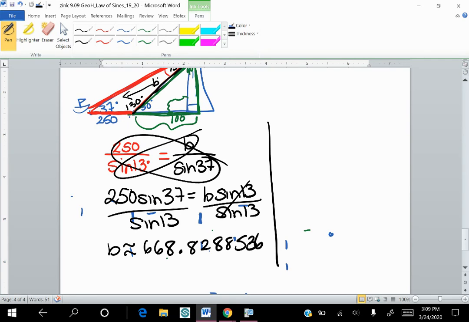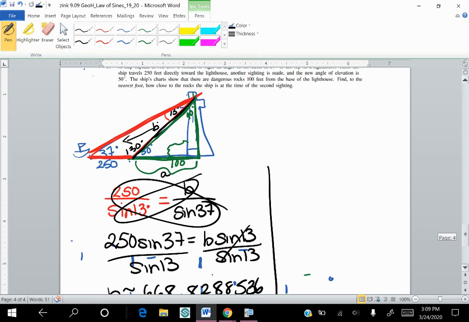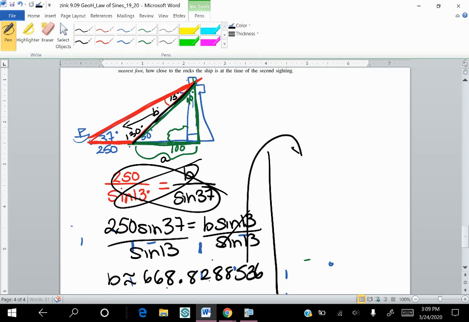Now, again, I'm looking for this side over here, which we're going to call A. So to find A, I know now side B is in the green triangle, so I'm going to use that over sine of the angle across from B in the green triangle, which is 90 degrees. I'm looking for A, which is across from 40 degrees, so over sine of 40.